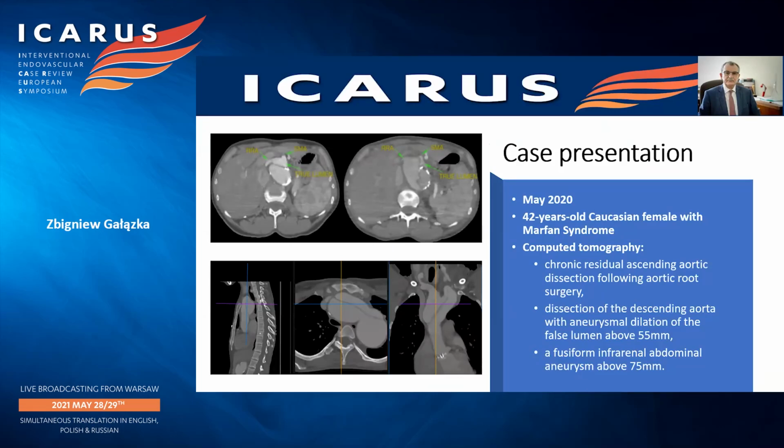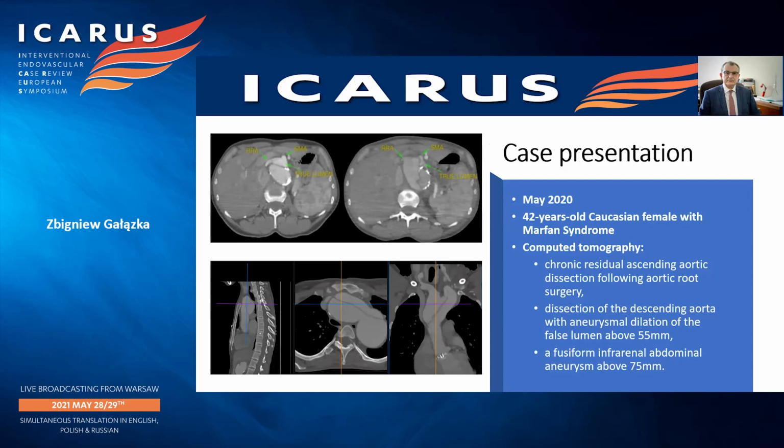This is our case presentation. It was a 42-year-old female with Marfan syndrome and chronic residual ascending aortic dissection following aortic root surgery. Dissection of the descending aorta with aneurysmal dilatation of the false lumen about 55 millimeters and fusiform infrarenal abdominal aortic aneurysm above 75 millimeters.